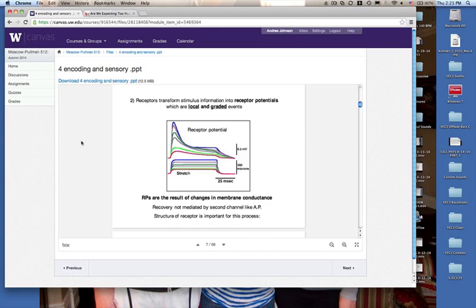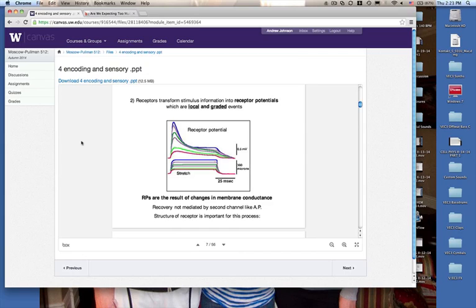So the receptor potentials result in a change in membrane conductance, and the recovery isn't mediated like an action potential. So you just sort of diffuse out the change. So the receptor potential is generally pretty small. And it's not like the action potential.